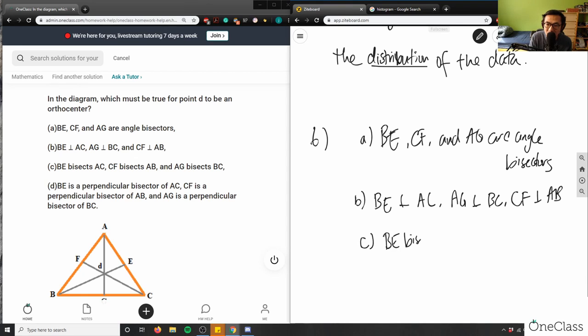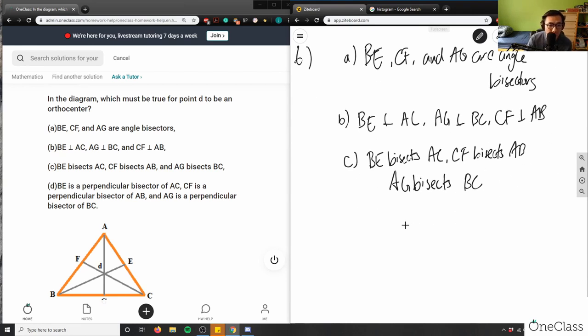C: BE bisects AC, CF bisects AB, and AG bisects BC. And then D states that BE is a perpendicular bisector of AC, CF is a perpendicular bisector of AB, and AG is a perpendicular bisector of BC. So basically, it's the same thing as C, but perpendicular bisector. Okay.